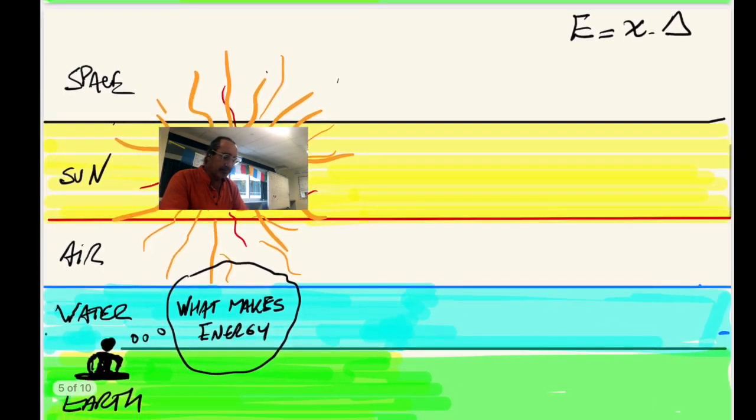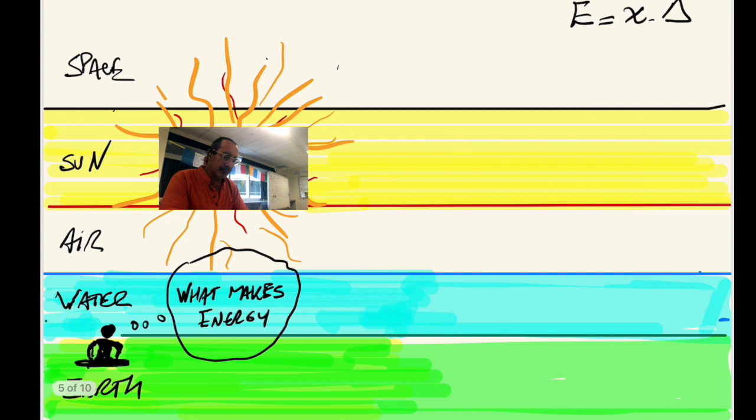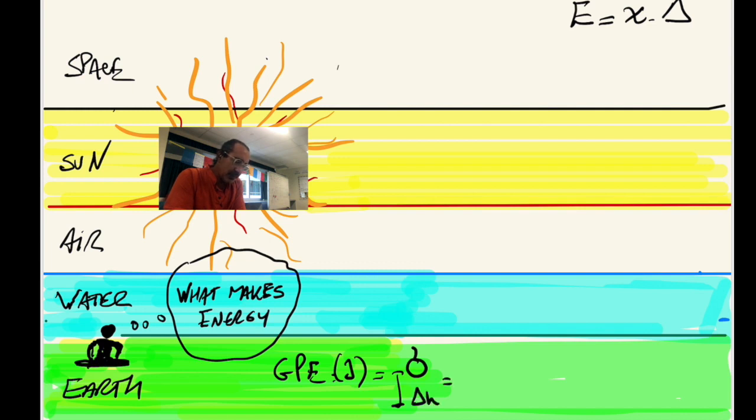So let's look a little bit deeper into the concept of energy. We explored only the energy that comes from the sun. Now let's explore other forms of energy, like gravitational potential energy, in joules. What do we need to have gravitational potential energy? Well, we need to have an apple at a certain height, right?